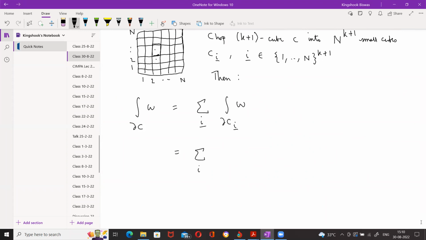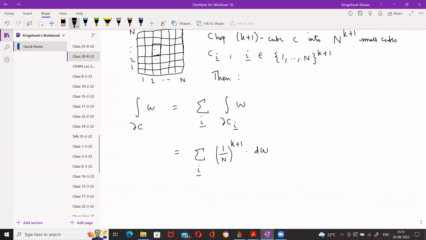a sum over I bar. The cube has sides of length 1 over N, capital N. So this will look like 1 over n to the k plus 1 times d omega. Each cube is mapping into the manifold into some point.